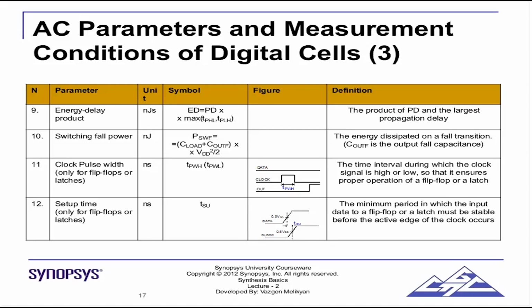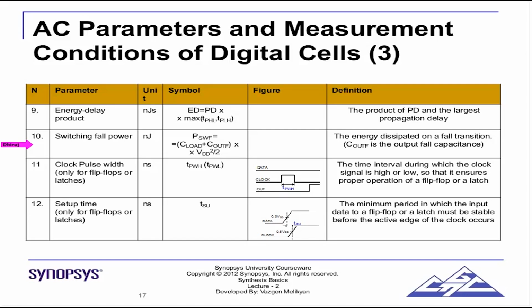Any transition on its output will cause some power dissipation on those capacitances. So this switching power represents that. I will have one lecture dedicated to power, so we'll see a lot of switching power there. We'll discuss in detail about different kinds of power, what is important for us, what is significant, what is not.